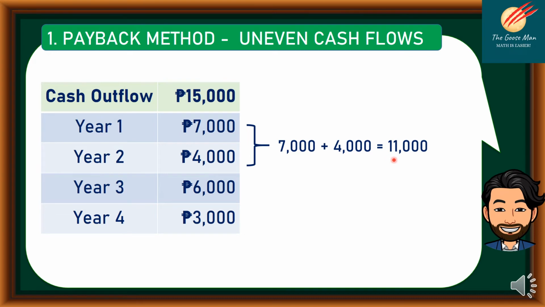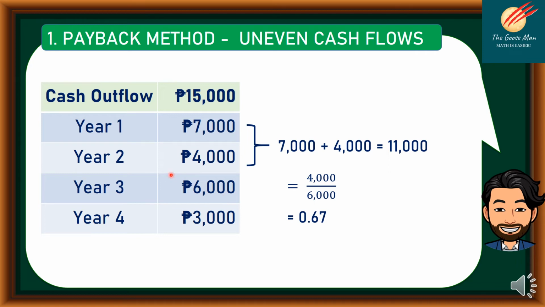Take note that we would like to recover 15,000 pesos in all, so we need 4,000 more. In year 3, 15,000 minus 11,000 is equal to 4,000. That 4,000 out of 6,000 in year 3 is 0.67.